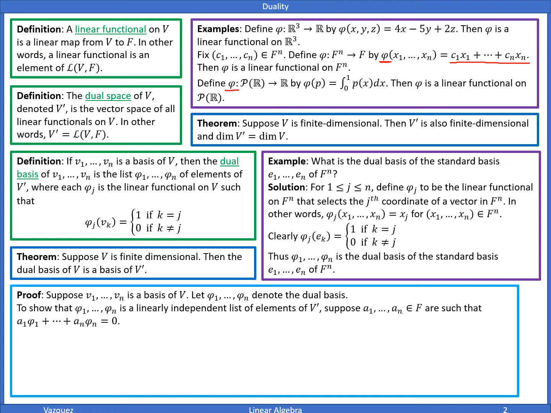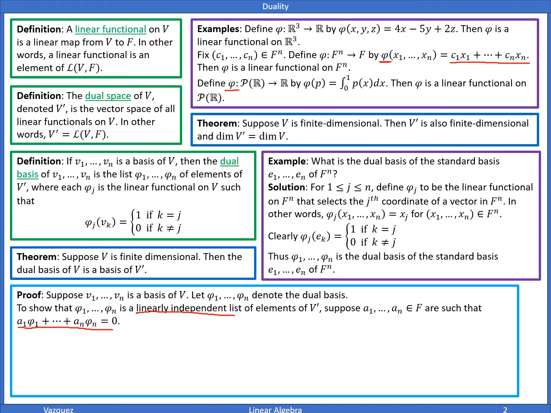Well, to show that phi_1 to phi_n is a linearly independent list of elements of the dual space V prime, we suppose that a_1 to a_n are coefficients of the phi vectors such that the linear combination equals 0. Now, what do we need to show for it to be linearly independent?